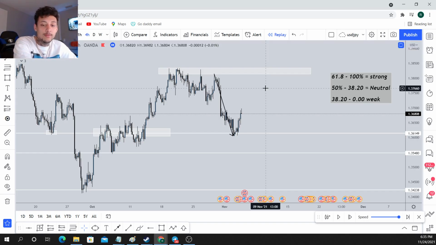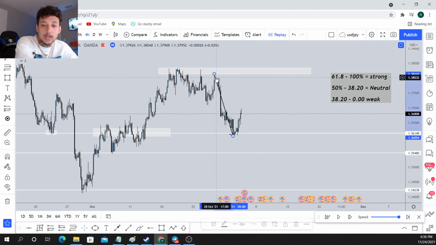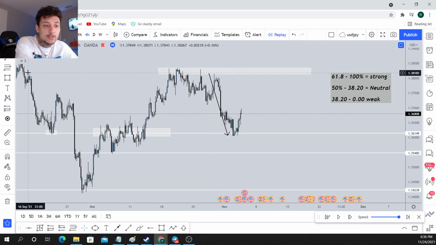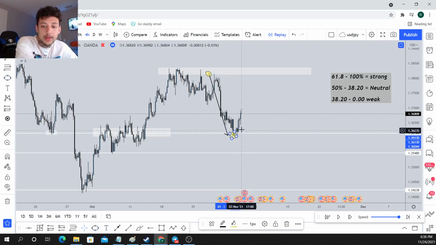If they're going to measure how fast they can run from point A to point B, they're going to have to take a break after they hit point B before they can go from point B to point C. So if we take a look at this momentum here, we can see that price went from point A, which is right up here, to point B, and now it's taking its break and headed towards, in quotations, point C.